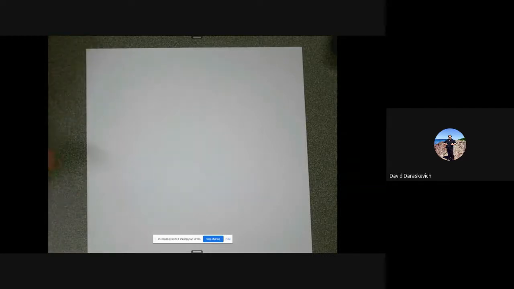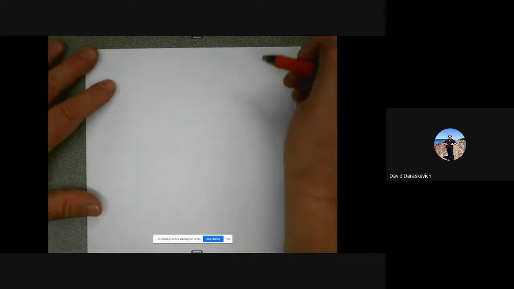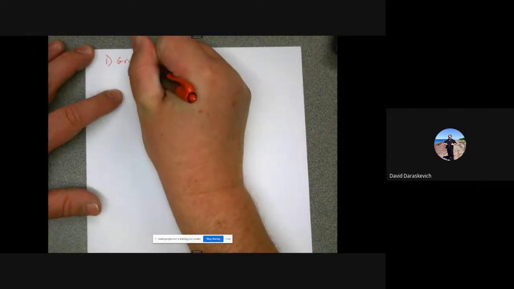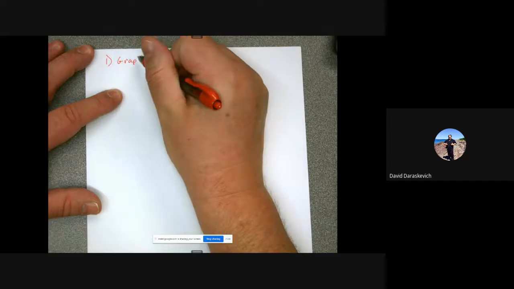So as you know, we have three methods that we're using, right? We're using graphing method. I'm going to write these down. So we got graphing method. We're solving systems.